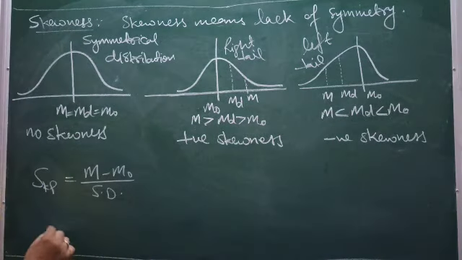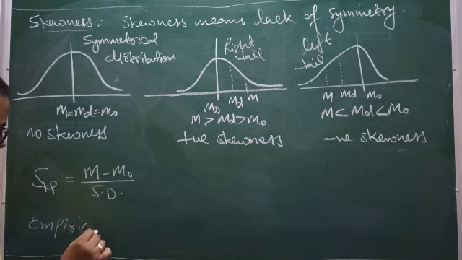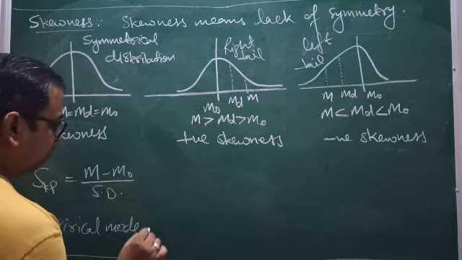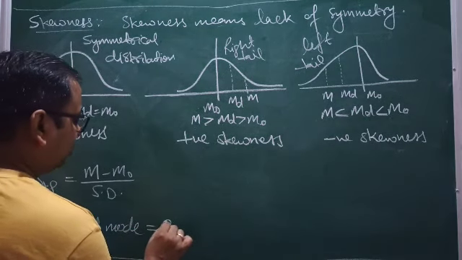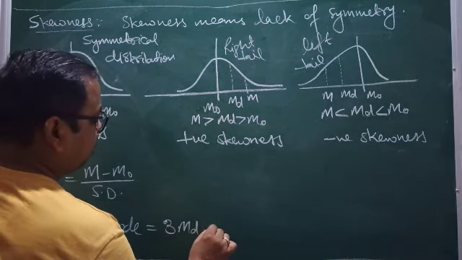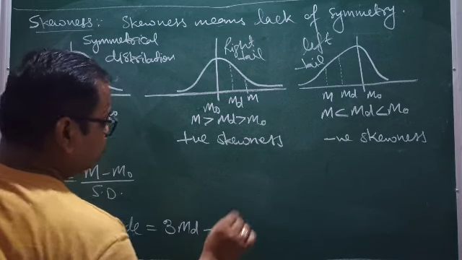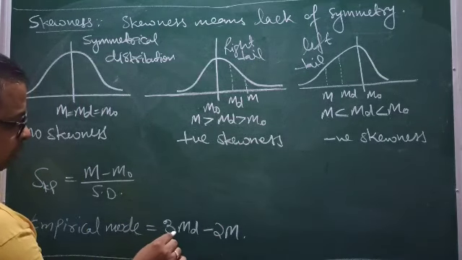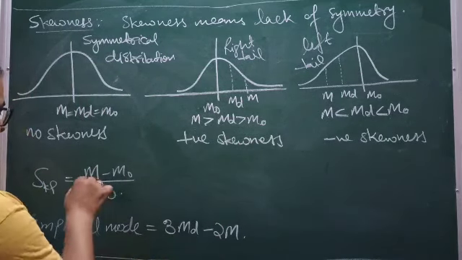And another formula is, if empirical mode is equal to 3 times median minus 2 times mean, put that in this formula.